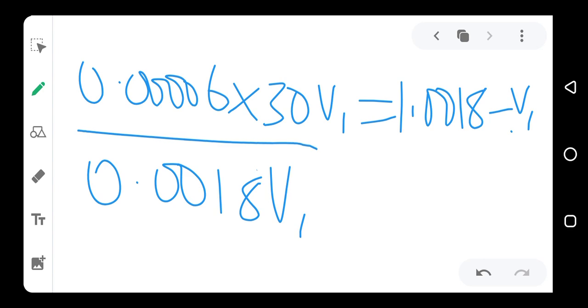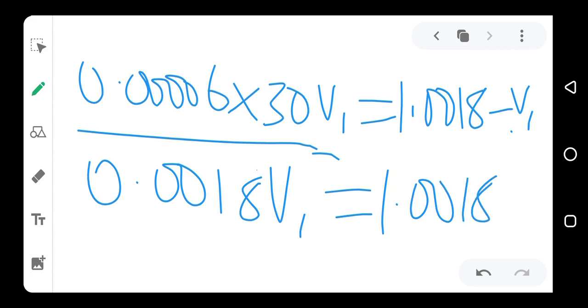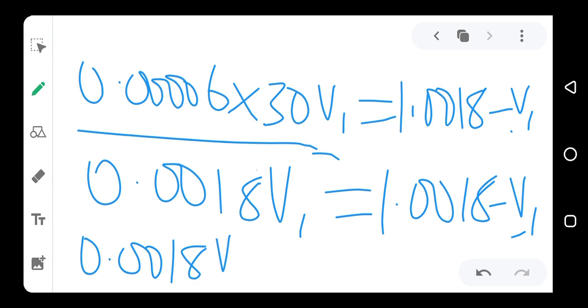So all this will give us this, which is equal to 1.0018 minus V1. Now bringing the volume here to the other side, it becomes 0.0018 V1 plus V1 is equal to 1.0018.